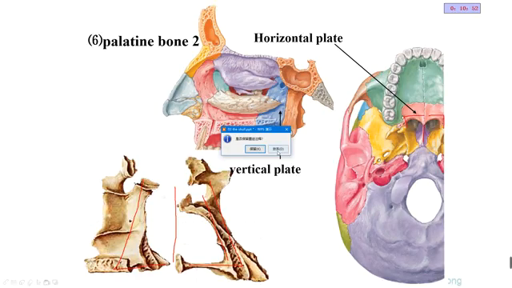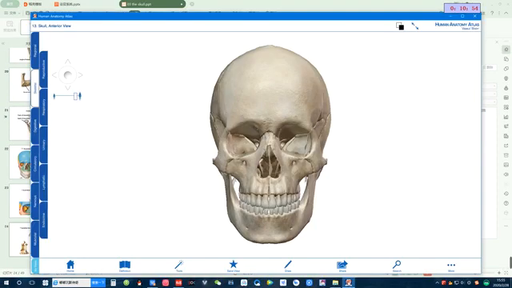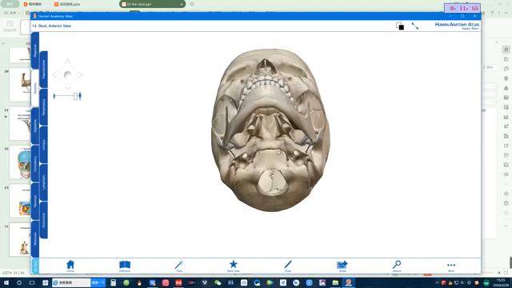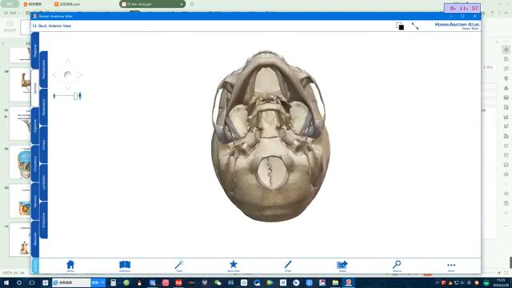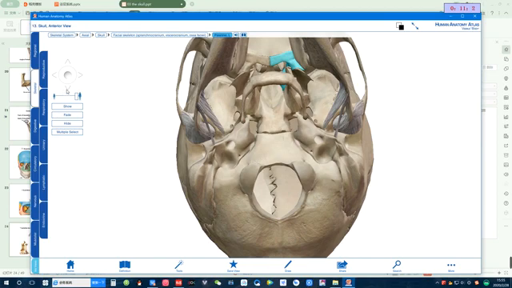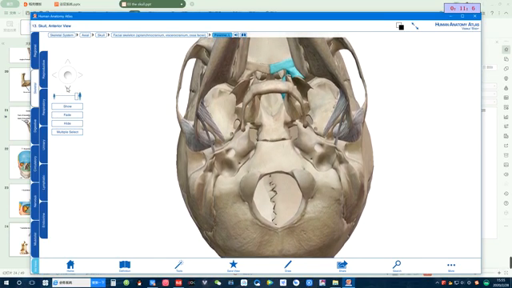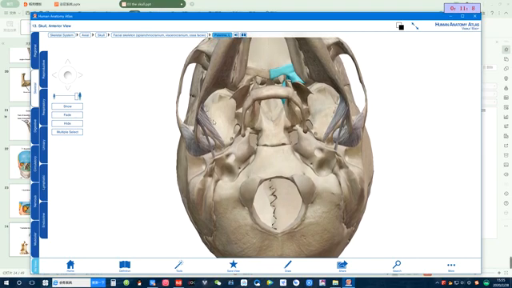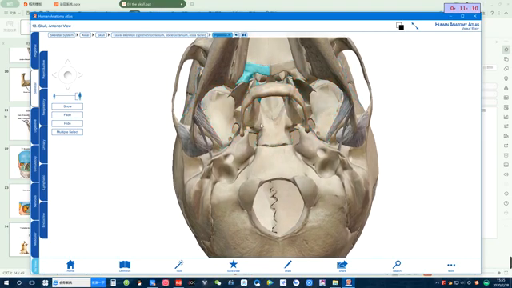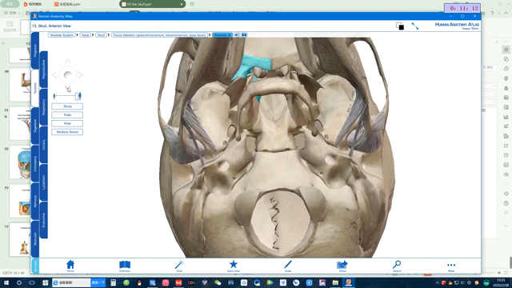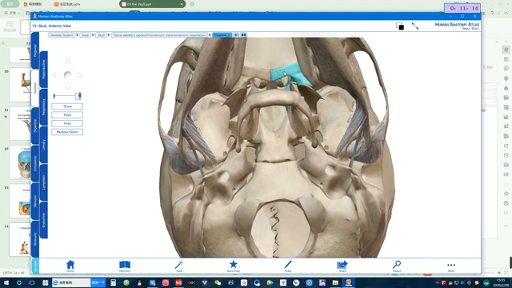Okay, now let's see the software. Let's see again. Here, the palatine bone. Okay, palatine.